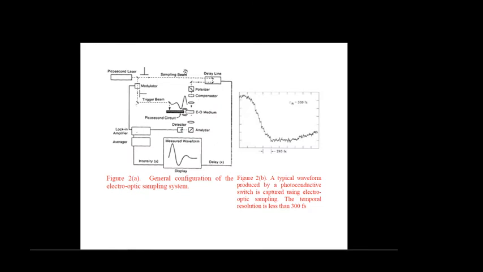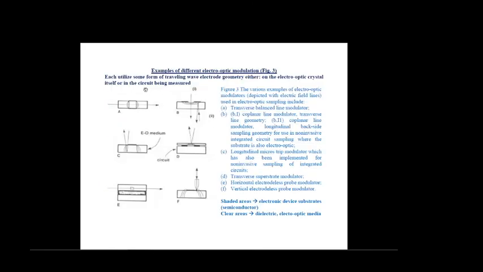One is the transverse balanced line modulator, the other is a coplanar line modulator, transverse line geometry, then the third one is a coplanar line modulator, longitudinal backside sampling geometry for use in non-invasive integrated circuit sampling, where the substrate is also electro-optic.